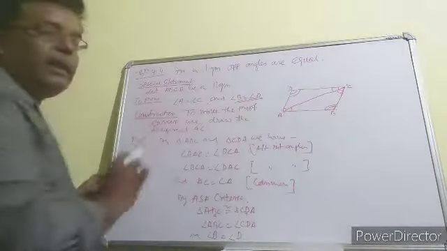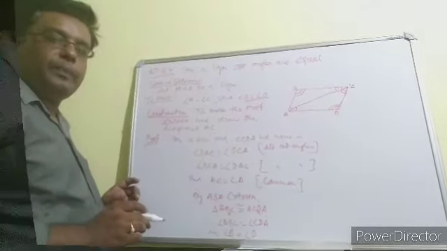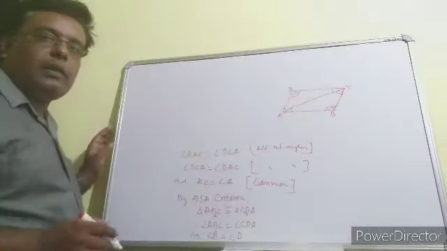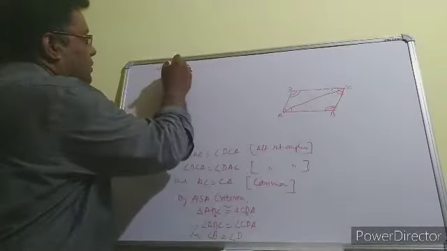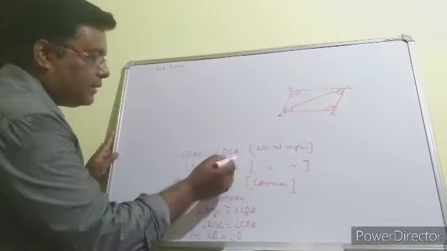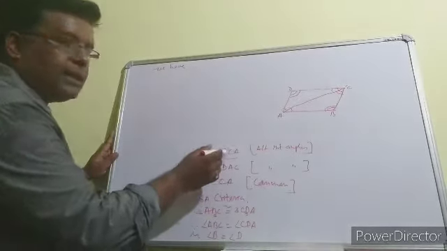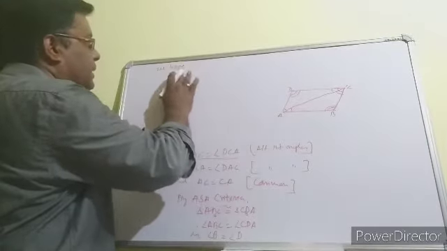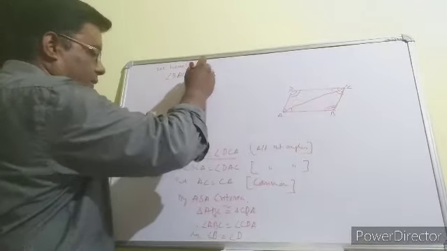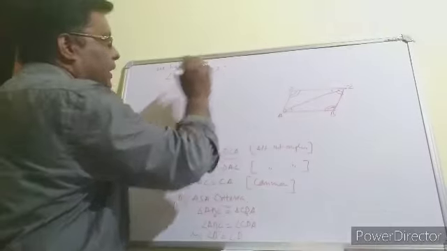Now I have to show that angle A and angle C are also equal. So we have here, this is given now, angle BAC equal to angle DCA.